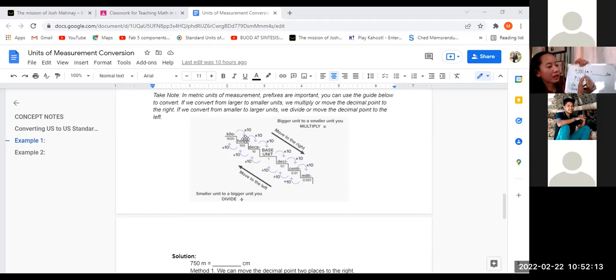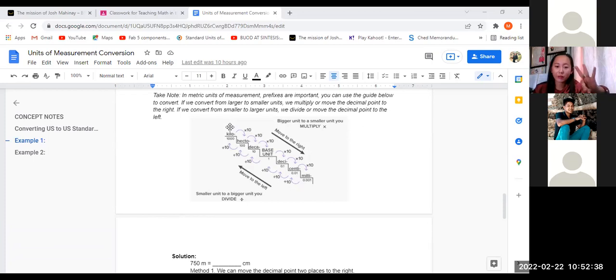Okay? So from kilometer going to decimeter, how many places? 3, ma'am. Are you sure? Kilometer going to hectometer, 1. Going to decameter, 2.